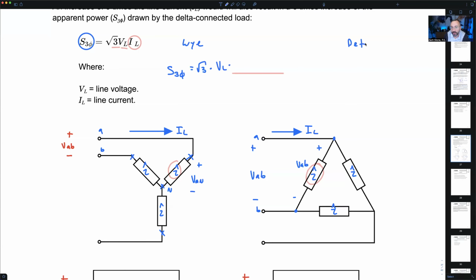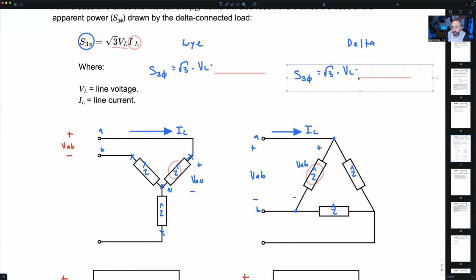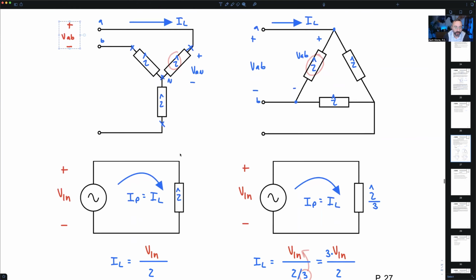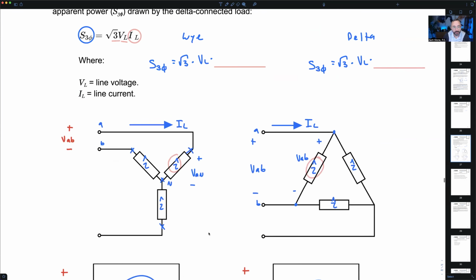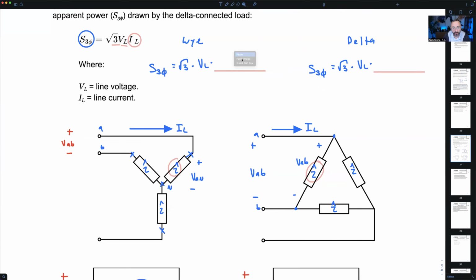For my delta connection, three-phase apparent power equals square root of 3 times the line voltage times the line current, right? Again, no change to the line voltages here. All right, let's plug in the line current. Line current for our Y connection is the line to neutral voltage divided by the impedance.